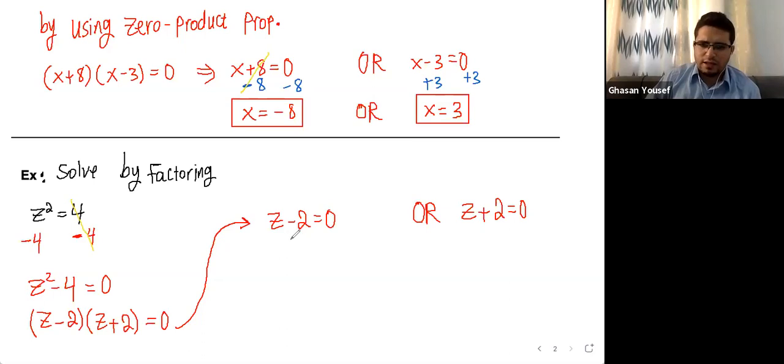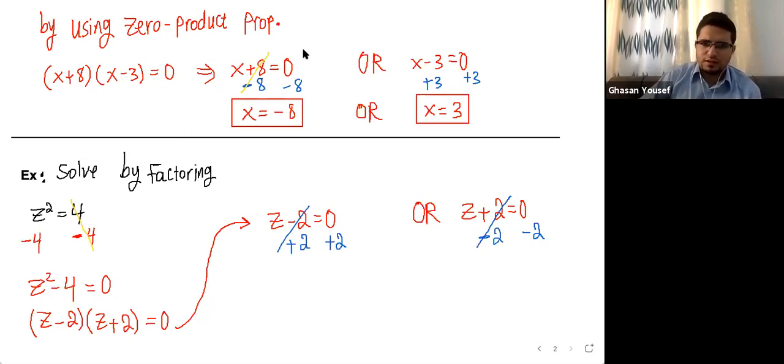Now I have to add 2 to both sides. Why? Because I need the value for z. So add 2. Here I have to subtract 2. So this cancels out, this cancels out.